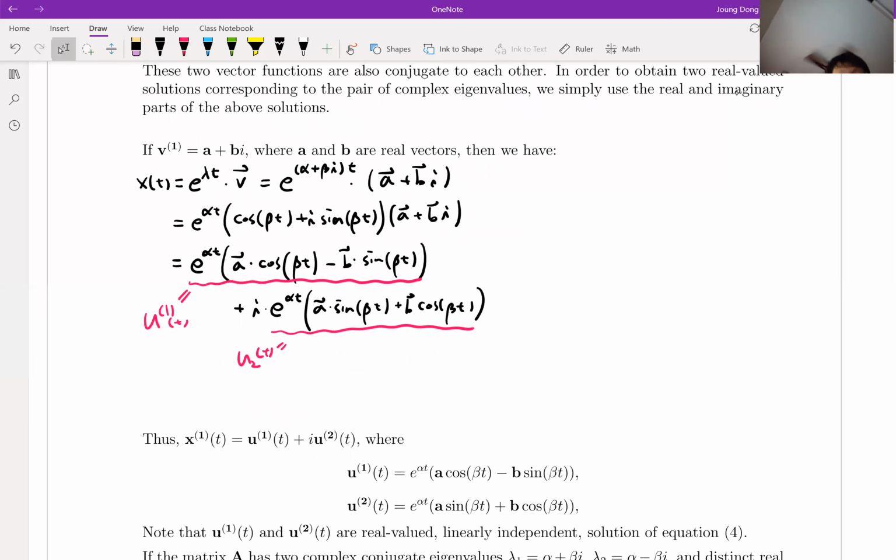So we can say x1 is combined from u1 and u2, and u1 and u2 form the fundamental set of solutions. Even in the previous problem, we found u1 and u2 without this, but now we can formulate it this way: u1 of t is equal to e to the alpha t times a, which is the real part of your eigenvector, cosine beta t minus b sine beta t, and u2 is e to the alpha t times a sine beta t plus b cosine beta t.